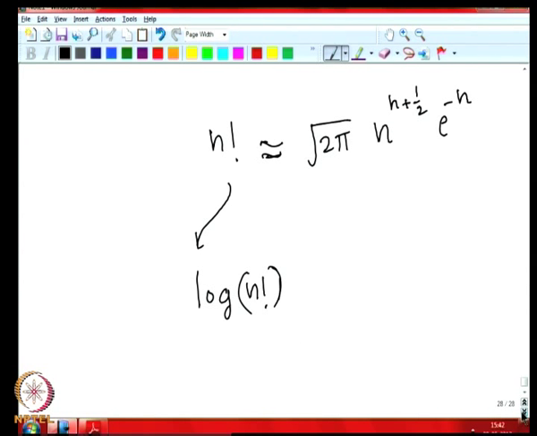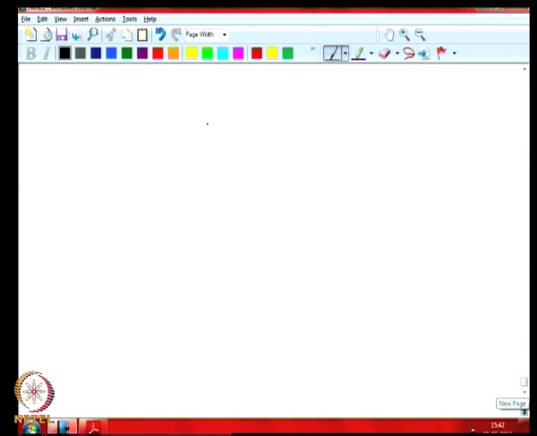So consider this integral, from k minus 1 to k, of the function log x dx. Log x slowly increases as you keep increasing the value of k.